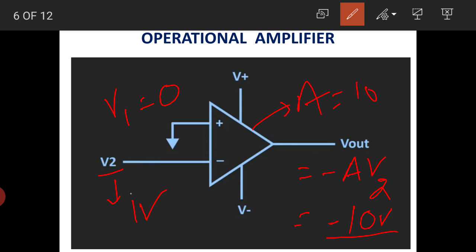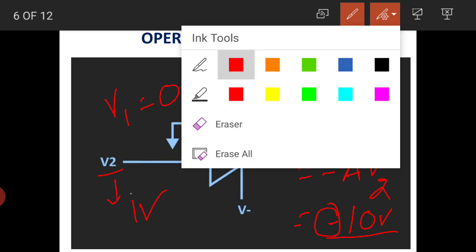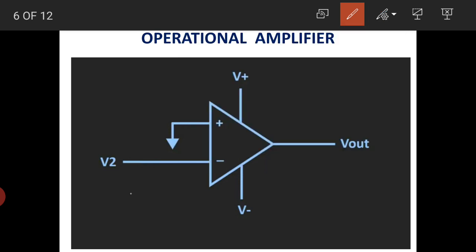So we are getting a negative value at the output side. That's why it is known as the inverting input, because the output obtained here is a negative value, which provides the 180 degree out of phase.